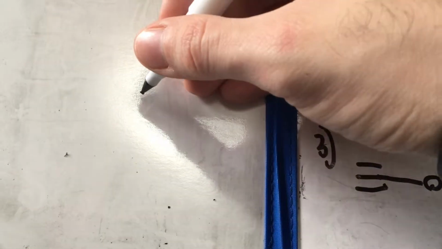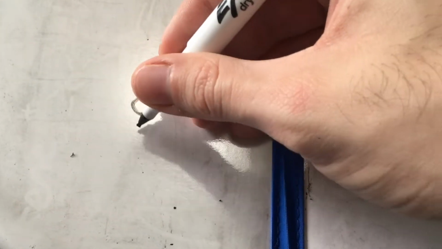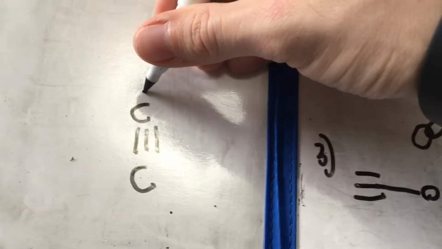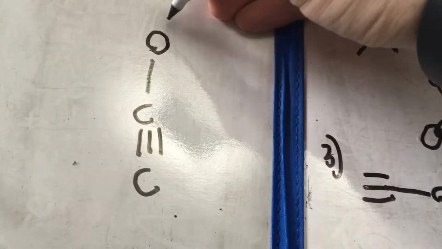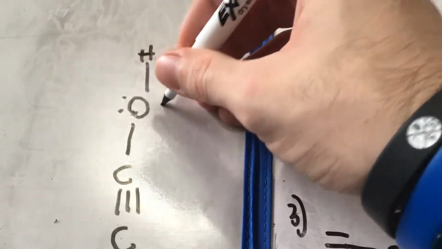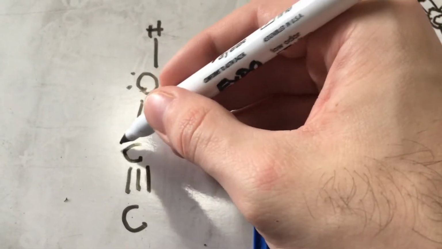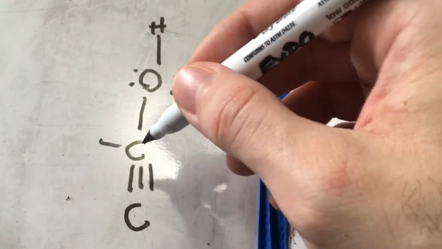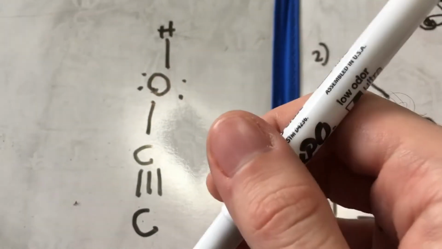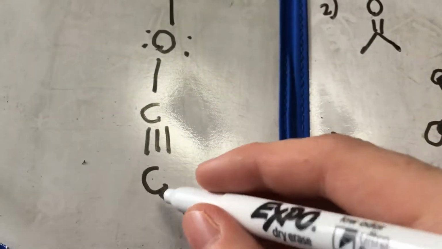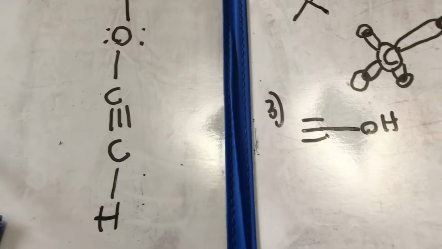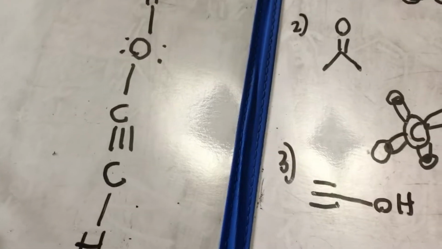So we're going to show that carbon triple bonded to another carbon, single bonded to an oxygen, single bonded to a hydrogen. This one is a complete octet. It has 4 bonds, can't have any more. This one has a hydrogen. So now we use this information and we bring it on over here.